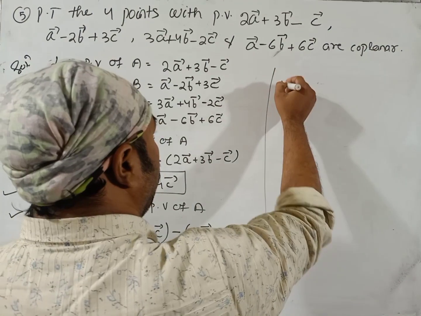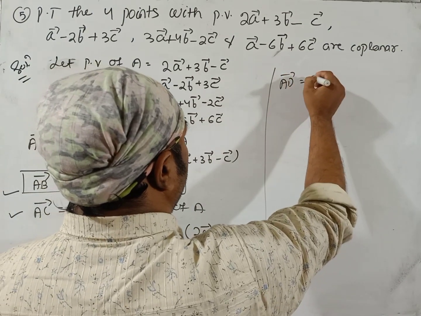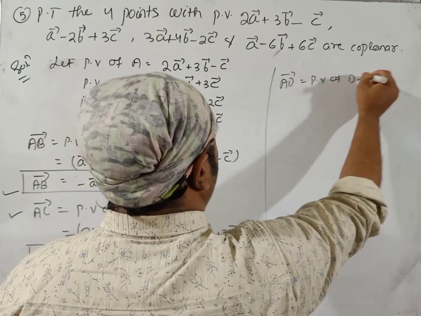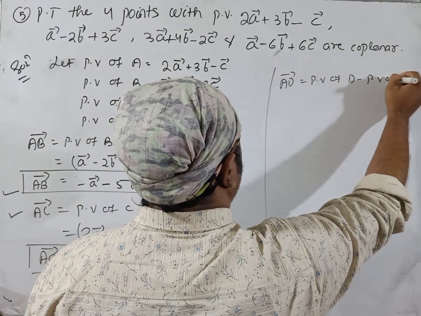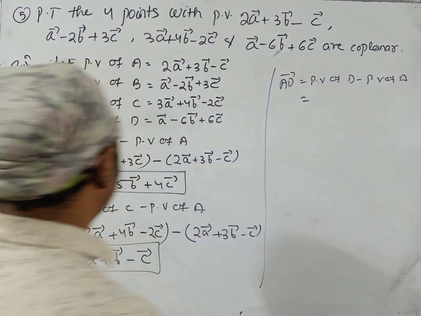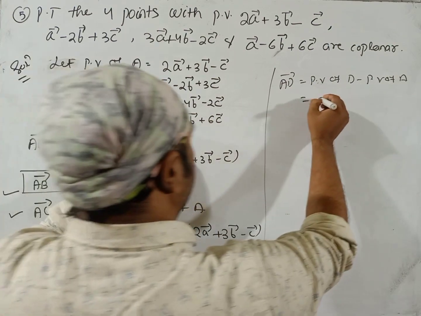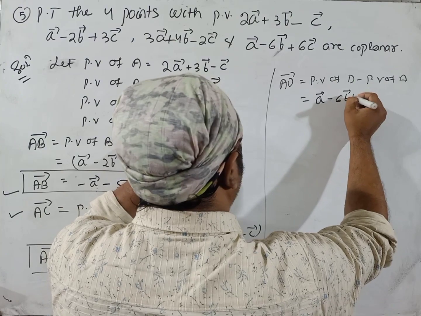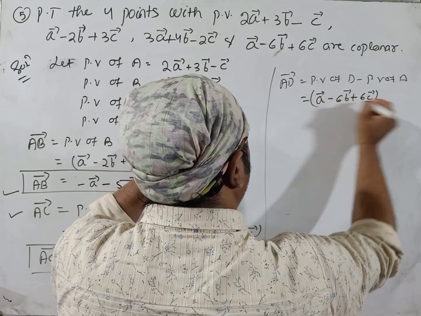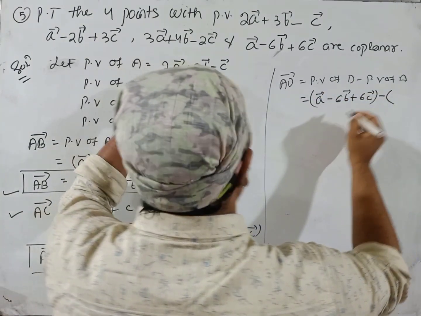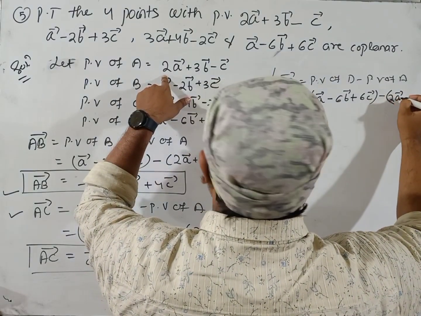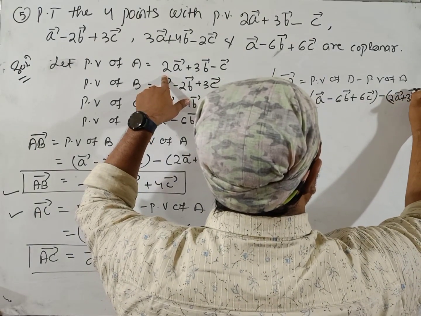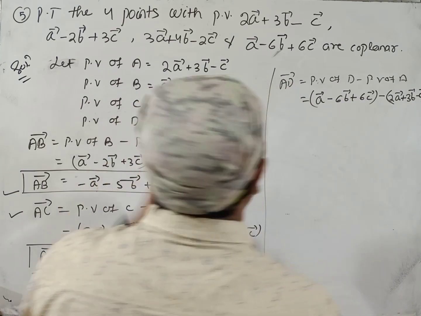Then the AD vector is the position vector of D minus the position vector of A. Position vector of D is A vector minus 6B vector plus 6C vector, minus A's position vector, 2A vector plus 3B vector minus C vector.